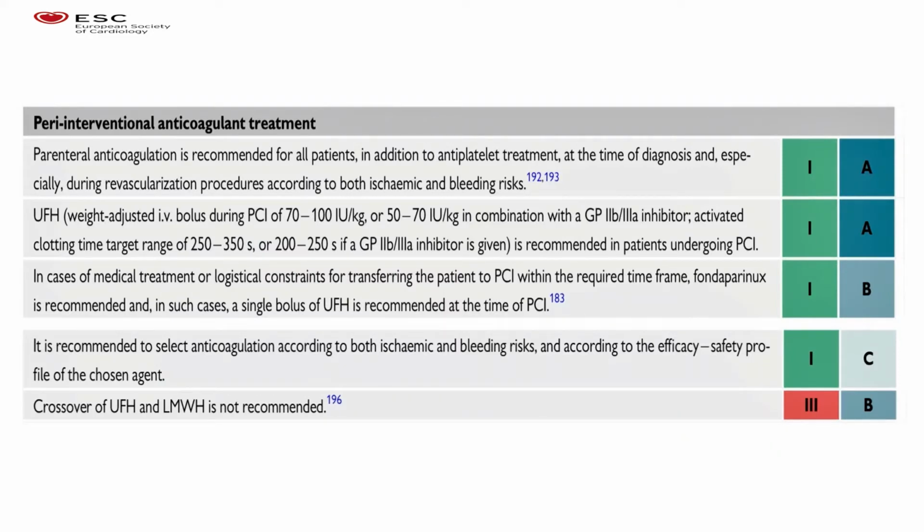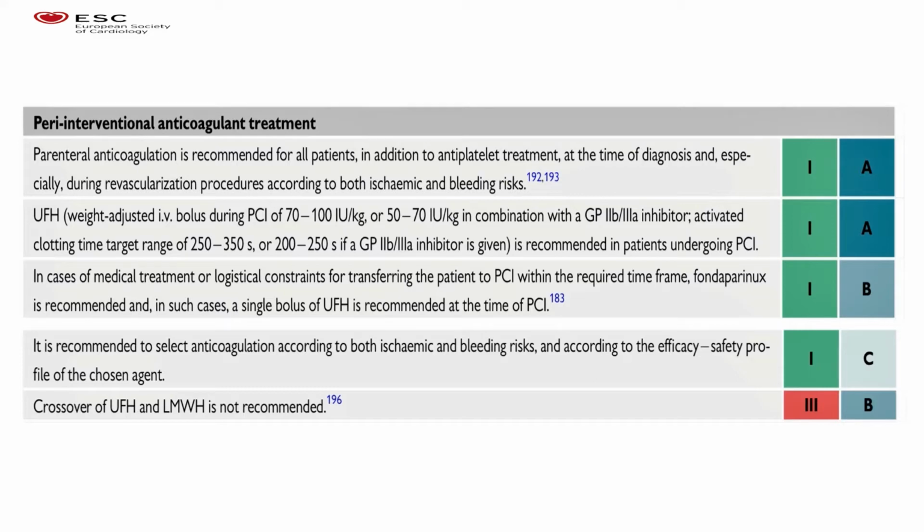Peri-interventional anticoagulant treatment. Parenteral anticoagulation is recommended for all patients, in addition to antiplatelet treatment, at the time of diagnosis and, especially, during revascularization procedures, according to both ischemic and bleeding risks.